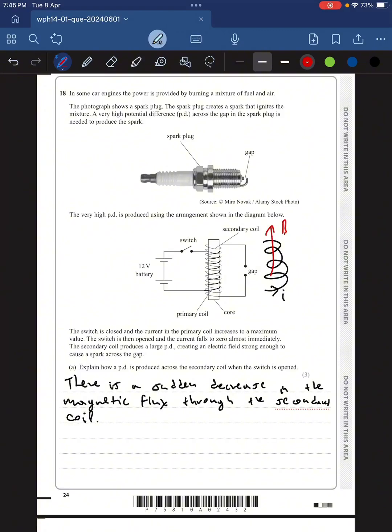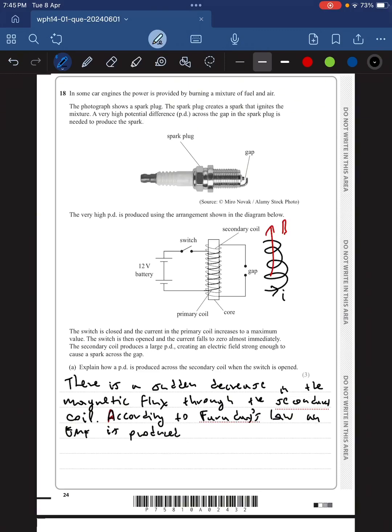So let's finish this according to Faraday's law. Let me use a black pen. So according to Faraday's law, an EMF is produced because we have a closed loop.